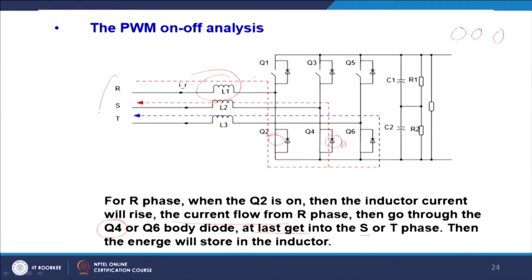Generally this is a German abbreviation, A, B, C. So, B will be equal to S and C will be equal to T. That is the convention we have followed. So, you can write B or C phase, then the energy will be stored in the inductor.